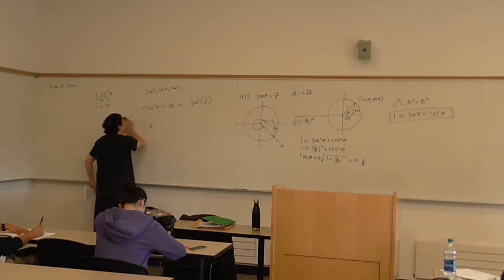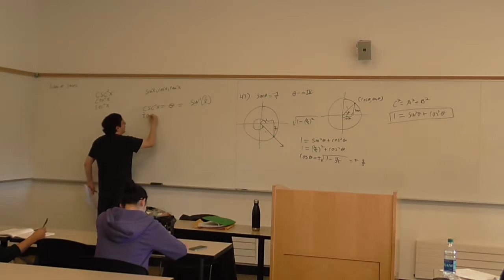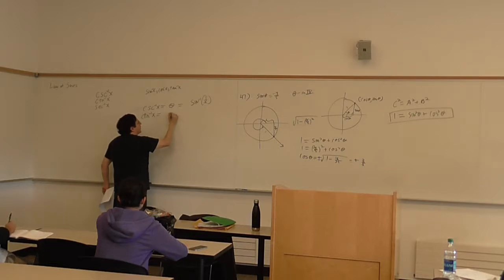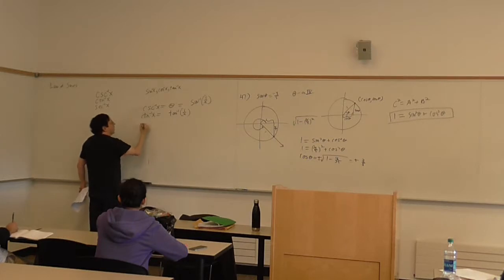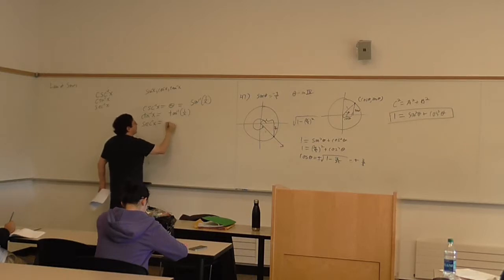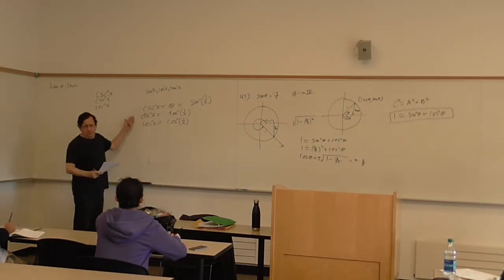Applying the same process, we would find that the inverse cotangent of x would be inverse tangent of 1 over x, and the inverse secant of x would be the inverse cosine of 1 over x. So, you know, if you need to, you can memorize these, but I think it's better to know where they come from.